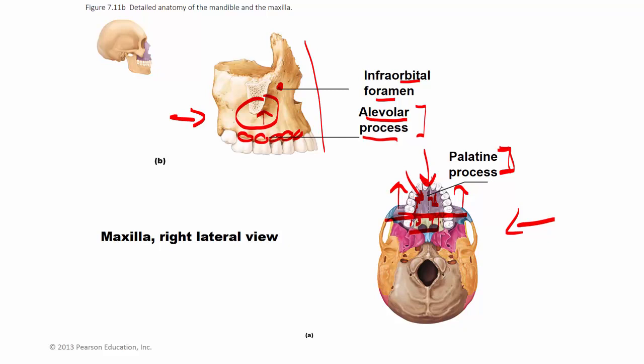That's why if you have a sinus infection, sometimes your teeth hurt. These sinus areas are one of the reasons you can get a toothache when you have a sinus infection. We'll talk a little bit more about sinuses as we move through these lectures.